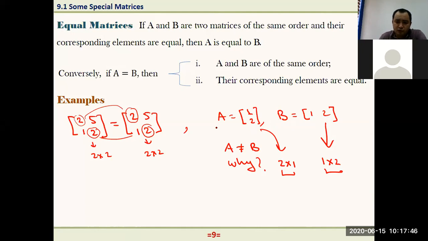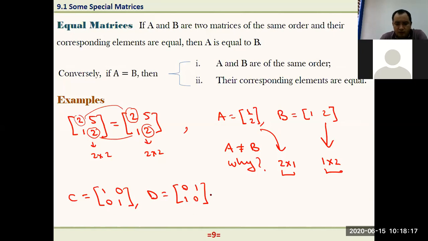Okay. For two matrices to be equal, they must be exactly the same. Same means all corresponding entries are equal and their dimensions or their orders are equal. Okay. Another example, let's say matrix C is 1, 0, 0, 1. For example, matrix D is 0, 1, 1, 0.